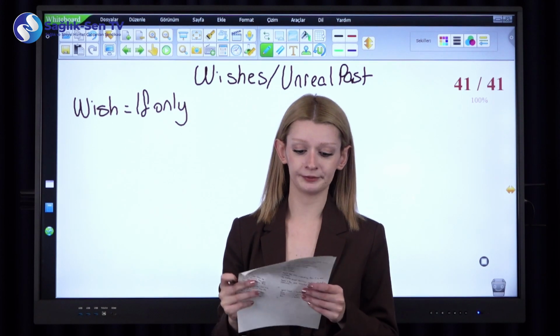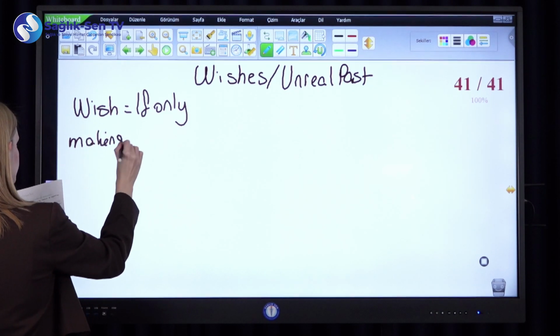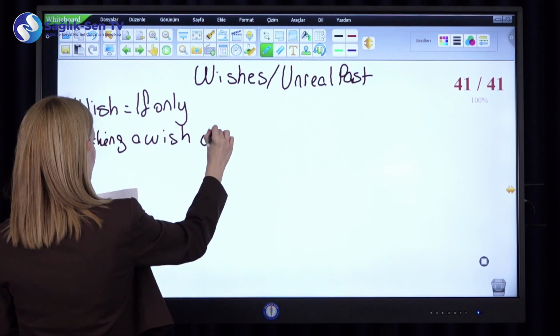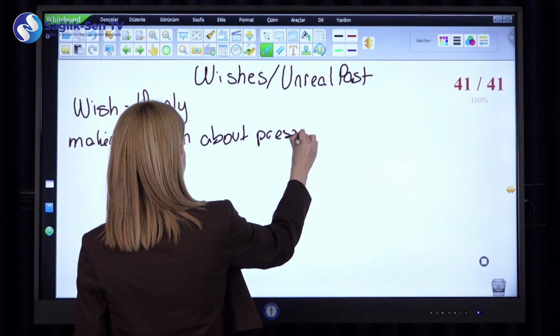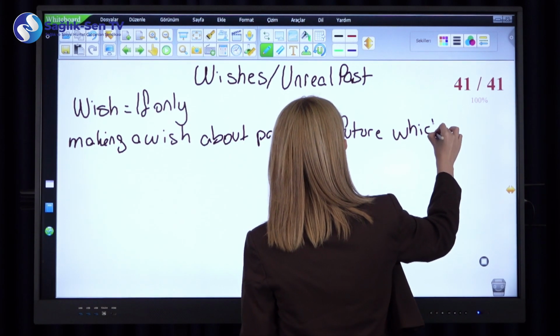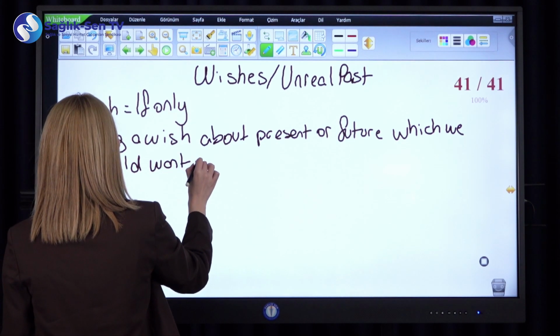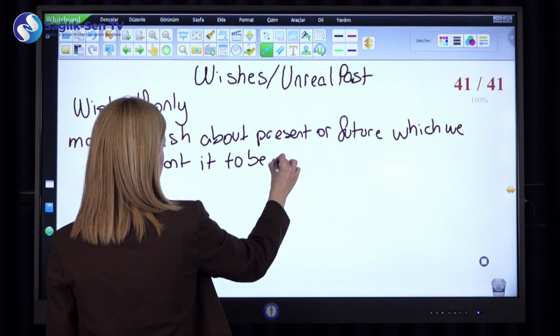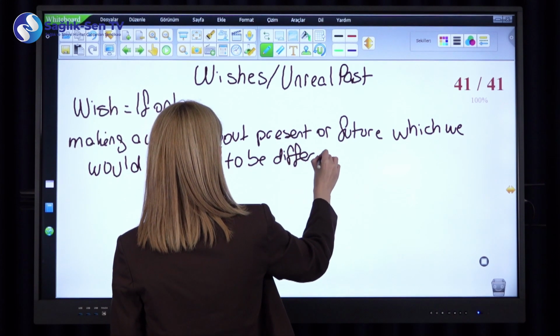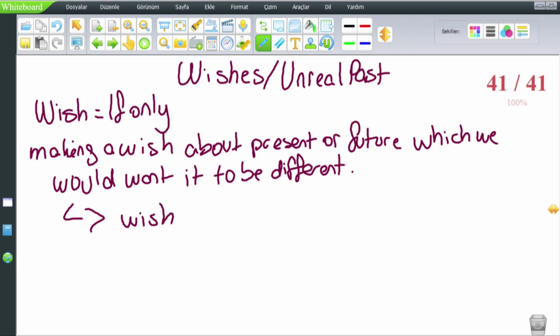When we're talking about making a wish about present or future which we would want it to be different, we use wish or if only and past simple tense.